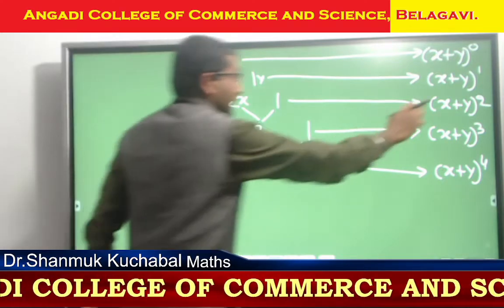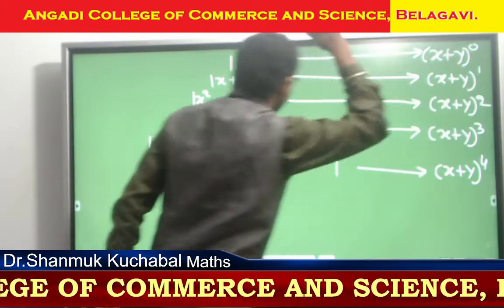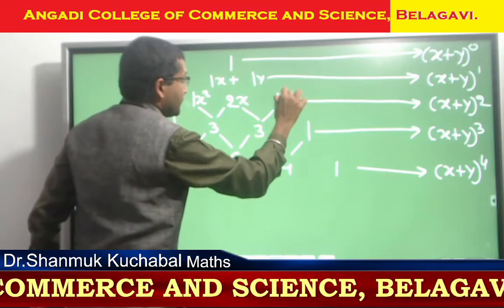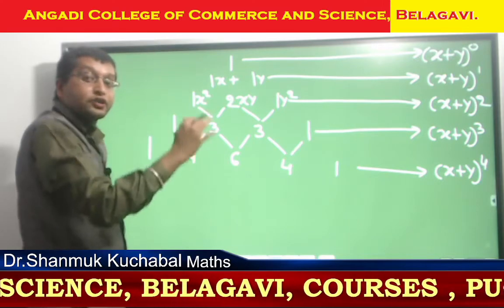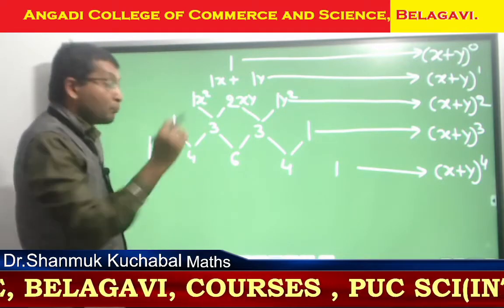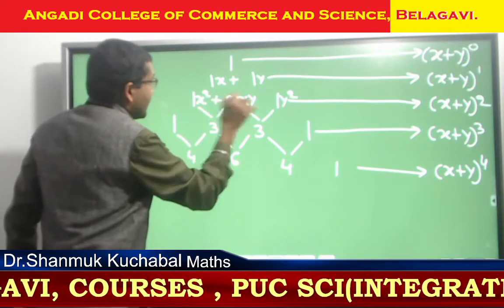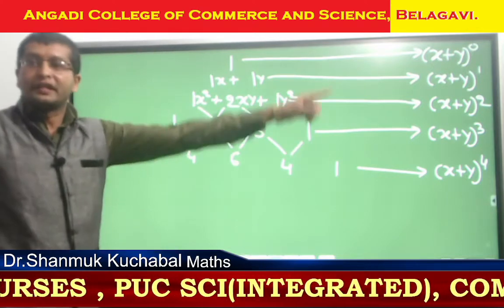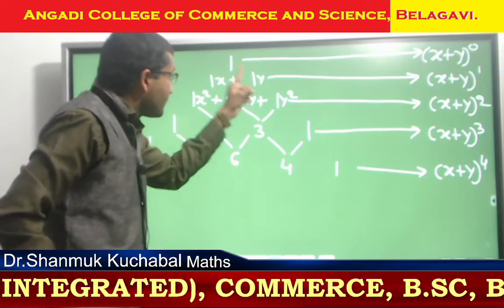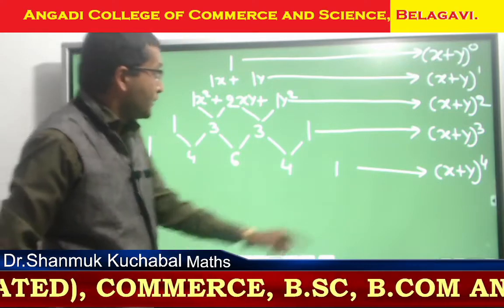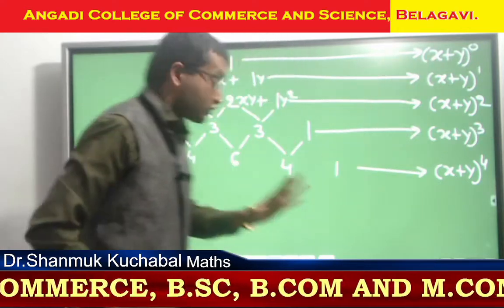On the right side, y highest power is 2, so I write y square, decrease the power, y, then y raised to 0, which is 1. In the middle, we assign a plus sign. So the formula for (x plus y) whole square is x square plus 2xy plus y square.